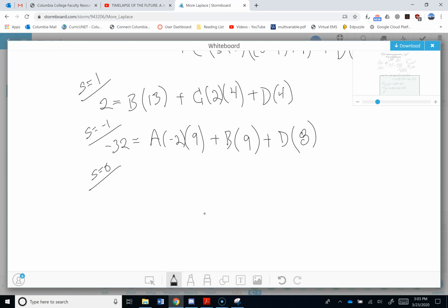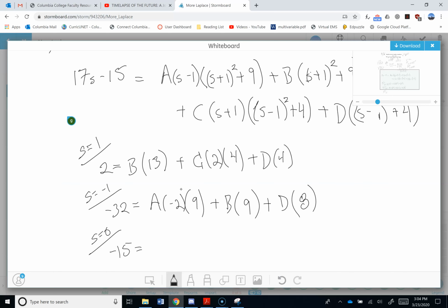Okay, so when s is 0, I have minus 15 is A times minus 1 times 10 plus B times 10 plus C times 1 times 5 plus D times 5.